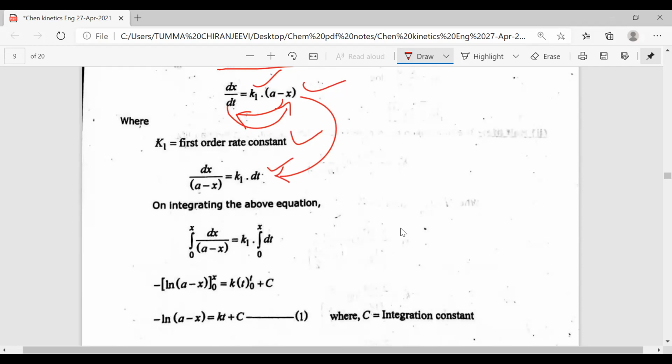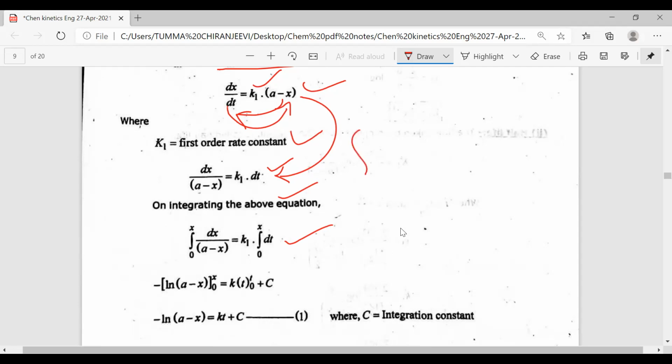Then do the integration of the above equation with its limits. On integration, we get the integral of dx by (a minus x) is equal to k1 into the integral of dt.